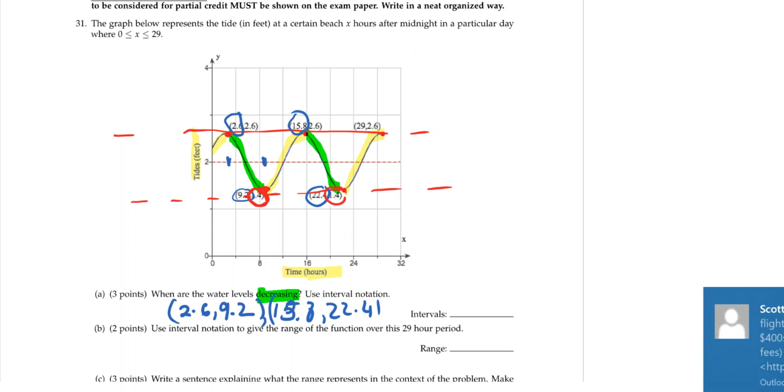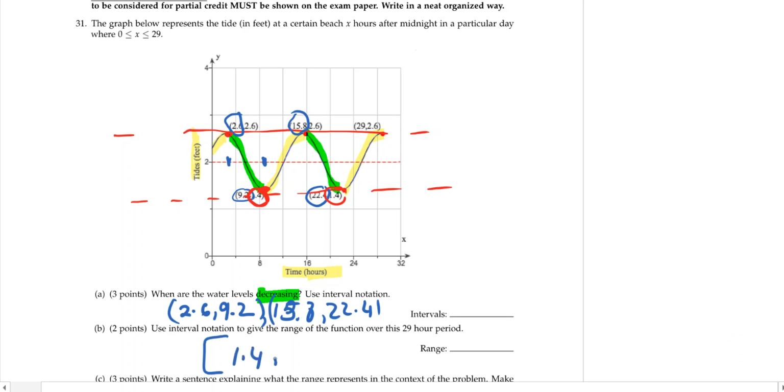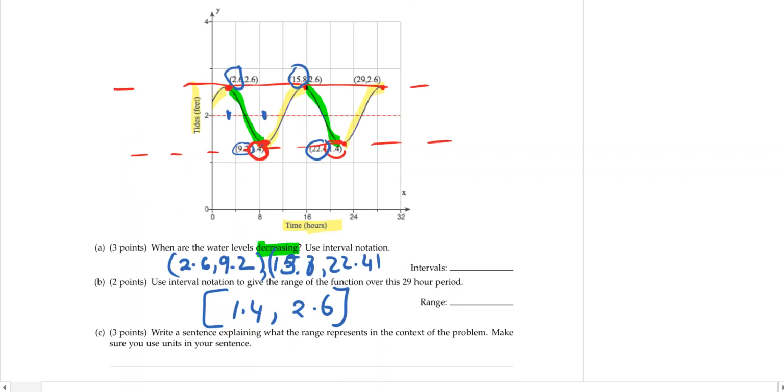So in interval notation, this will be 1.4 to 2.6. And I put brackets because at 9.2 is 1.4 and at 22.4 is 1.4. So it includes the end values.